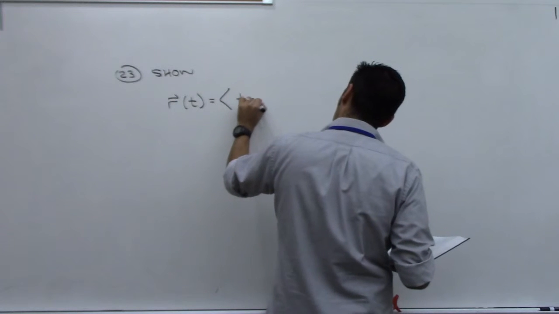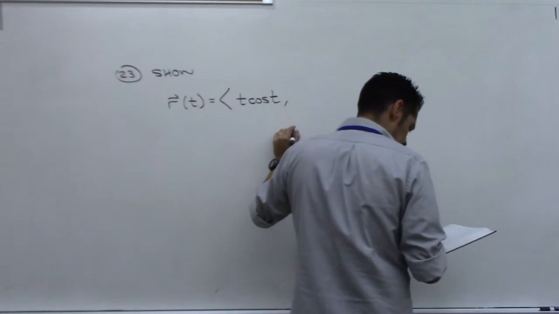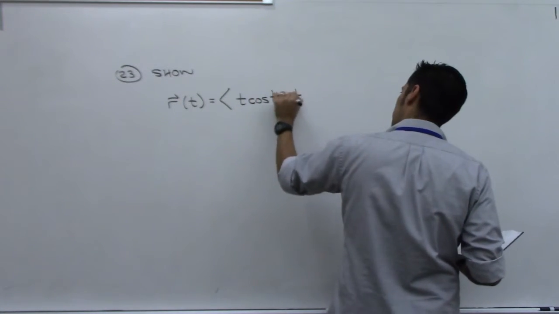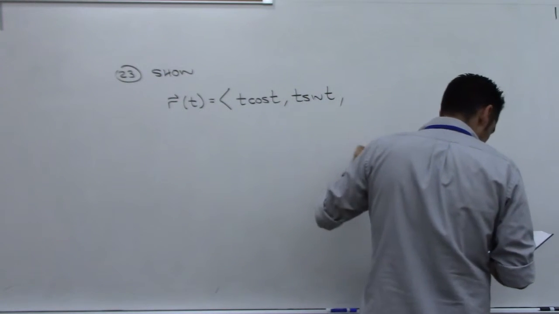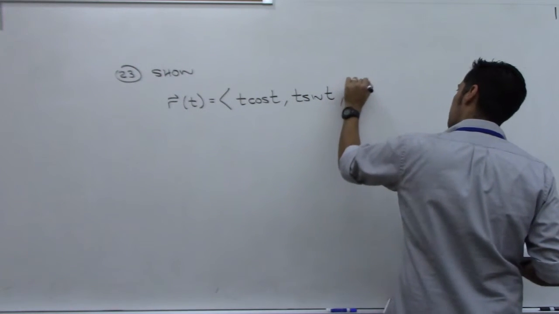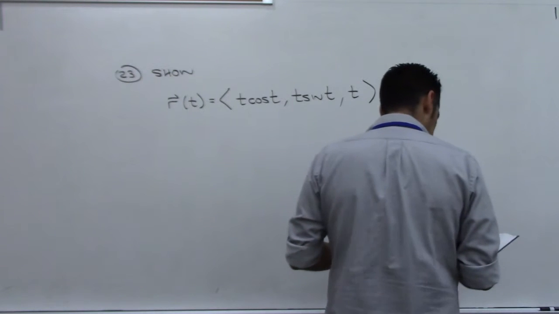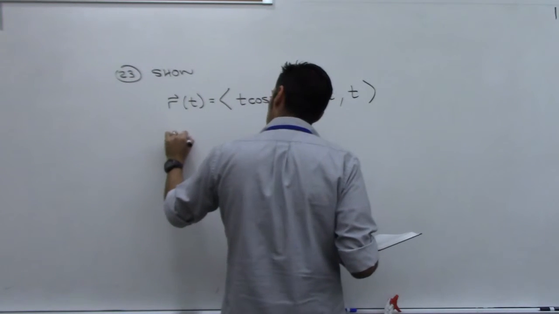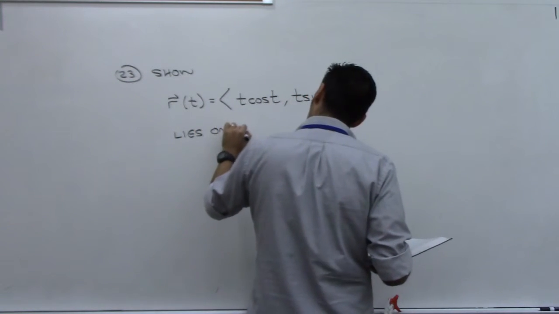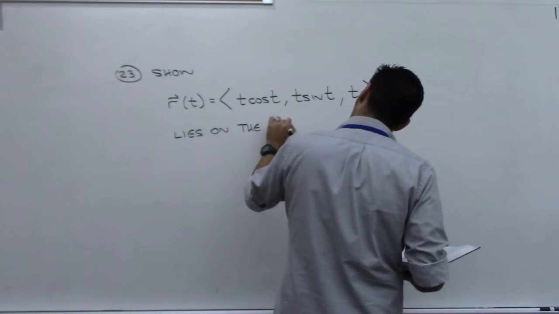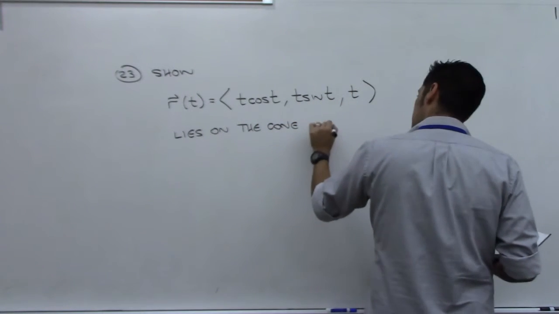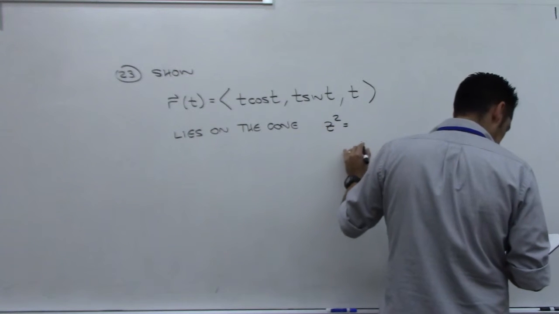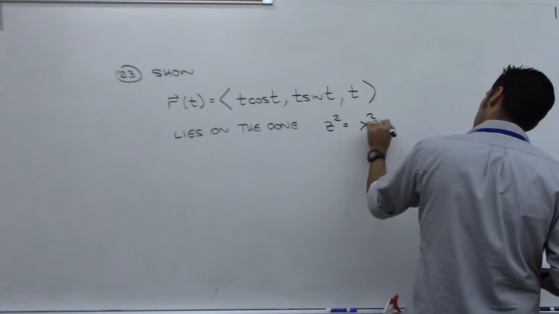T cosine t, that looks like what we just looked at, t sine t, and t. Show that this lies on the cone z squared equals x squared plus y squared.